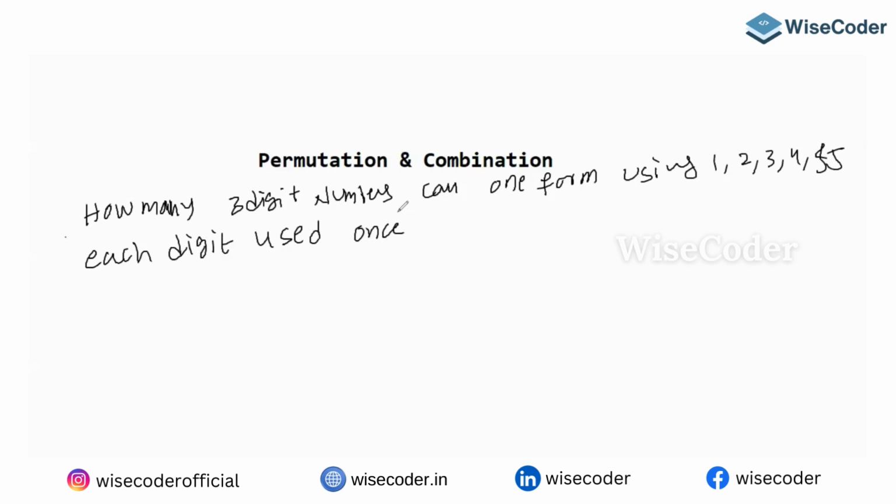Just as we have a fixed place for wearing shirt, trouser and tie, in this situation we have three digits. Yes or no? One is the unit place, one is the tens place, one is the hundreds place. So which number I can write where, that's my logic.